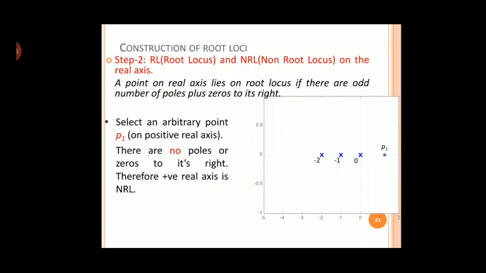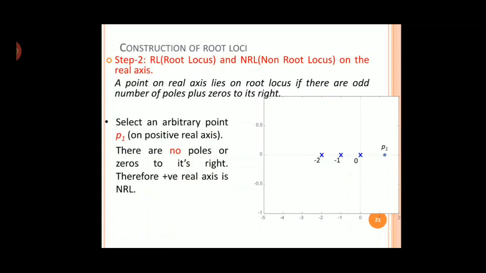Now this is step 2, to identify RL and NRL. RL means root locus and NRL is non-root locus. So this is to identify which part of the real axis is also a part of root locus. That means which part of the real axis also lies on root locus. Now to understand this, take the graph where the poles and zeros are marked.